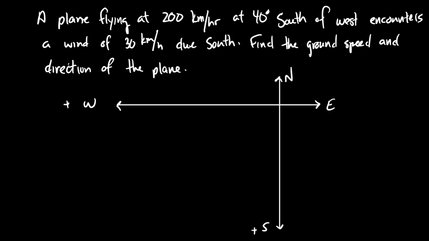There are two vectors expressed here. First is the plane, 200 kilometers an hour, 40 degrees south of west. But then the wind, 30 kilometers an hour due south.